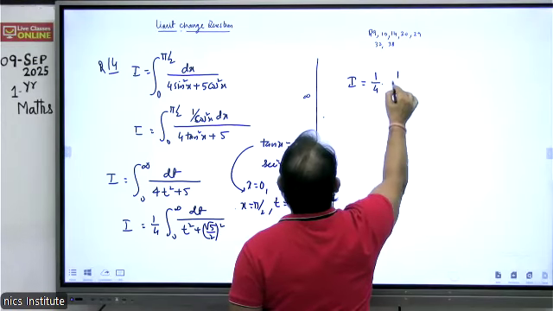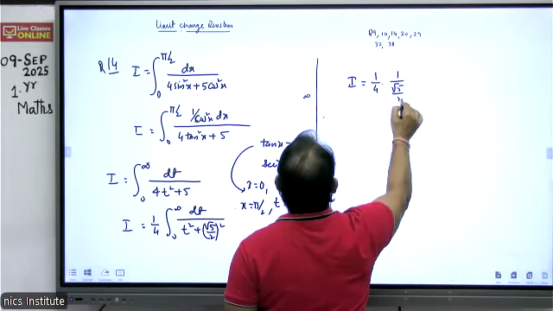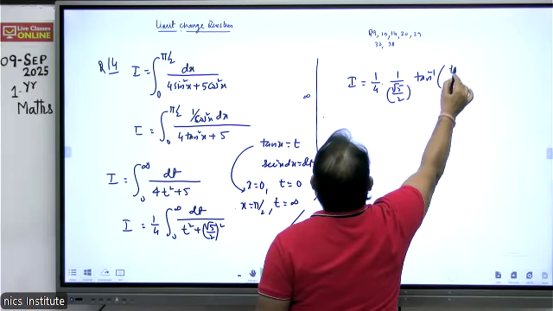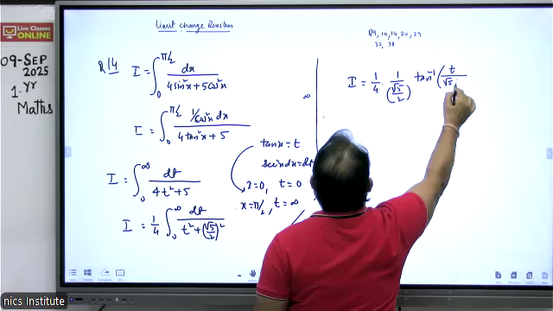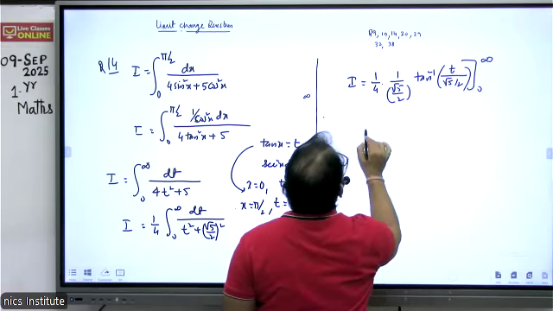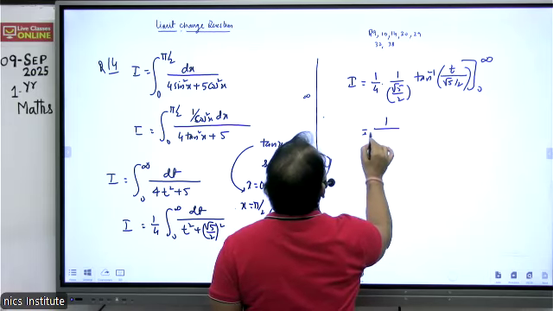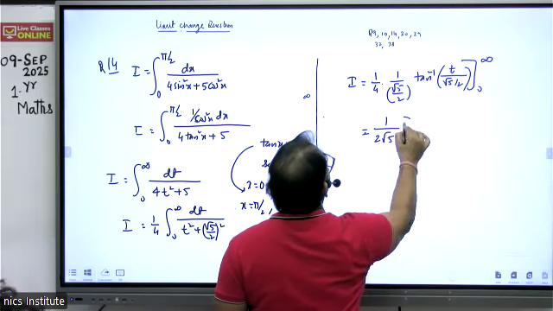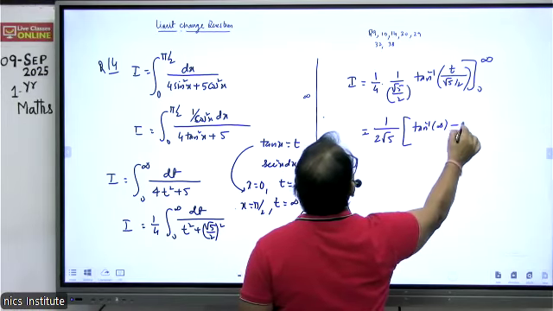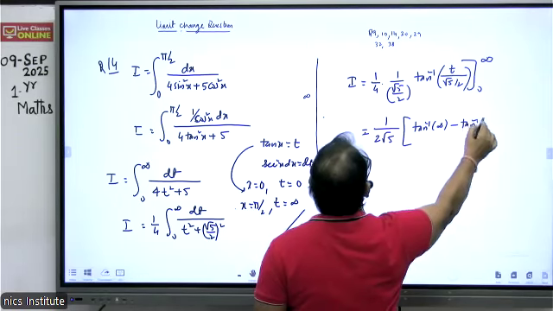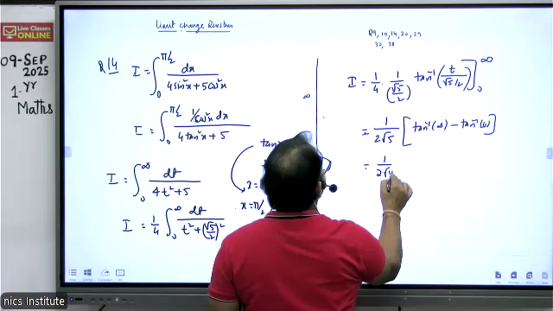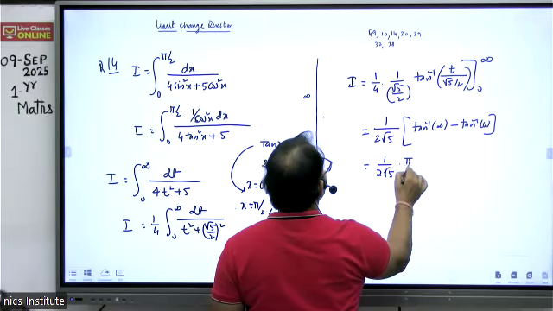One by a, which is root 5 by 2, tan inverse t divided by root 5 by 2, and the limits 0 to infinity. 1 by 2 root 5, upper limit tan inverse infinity, lower limit tan inverse 0. 1 by 2 root 5, tan inverse infinity is pi by 2.